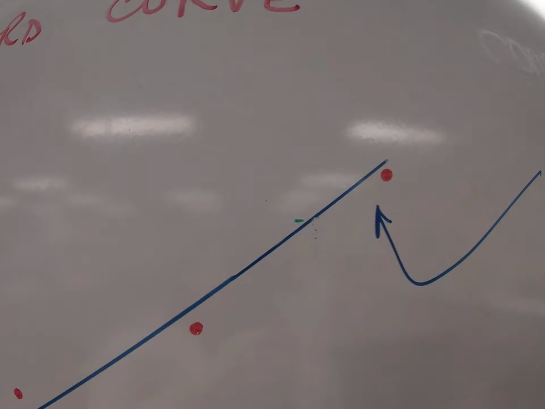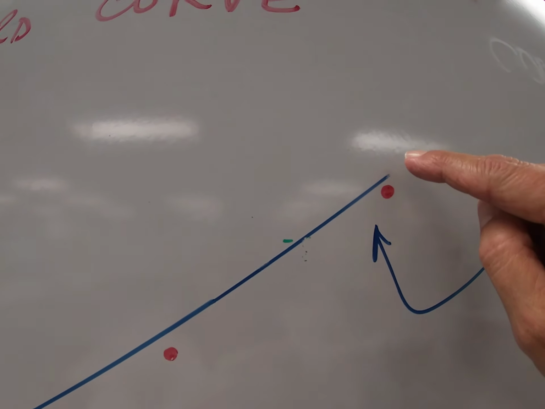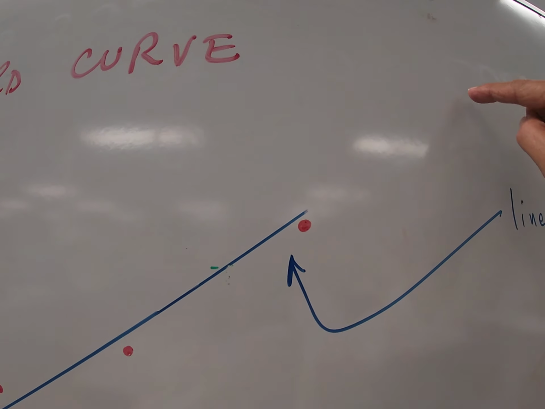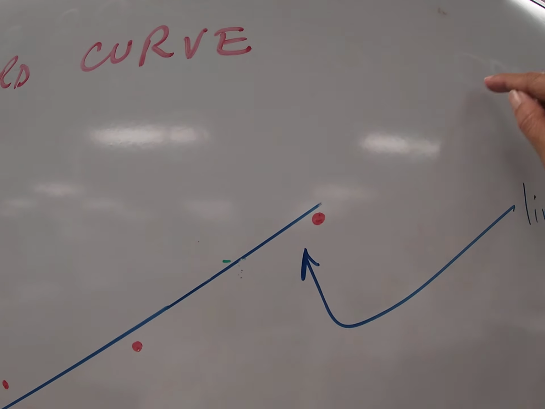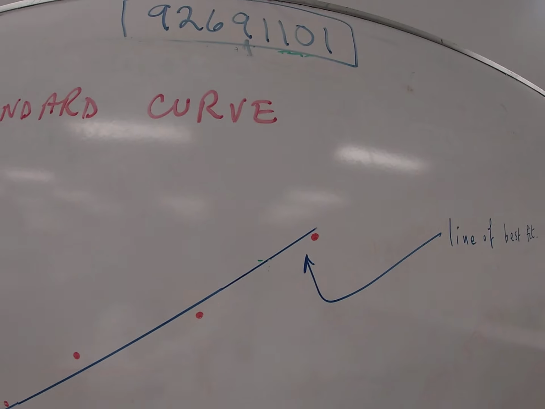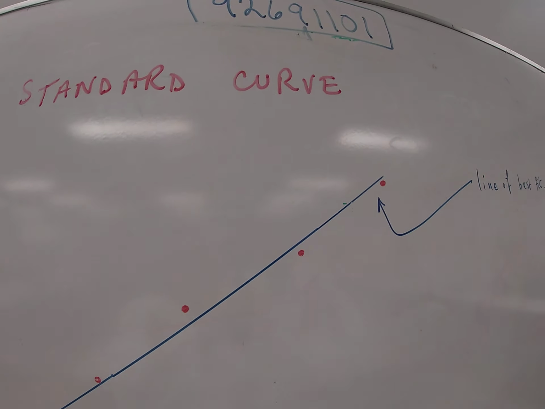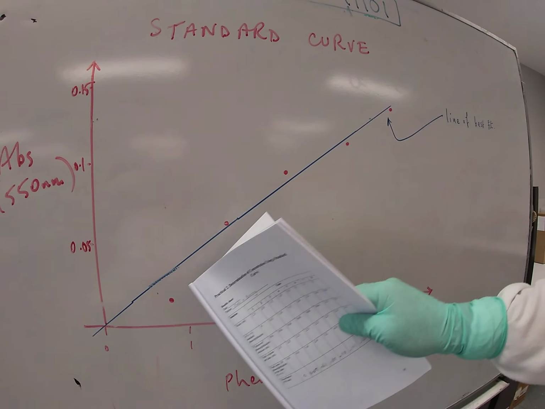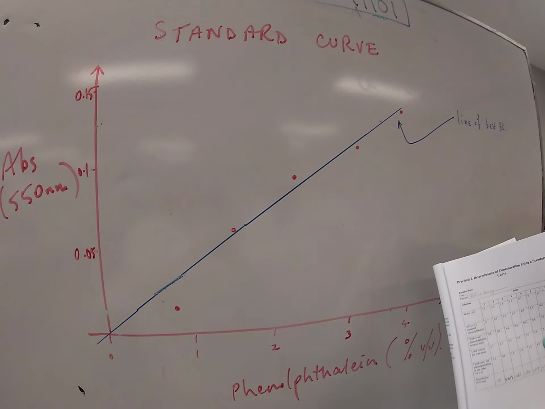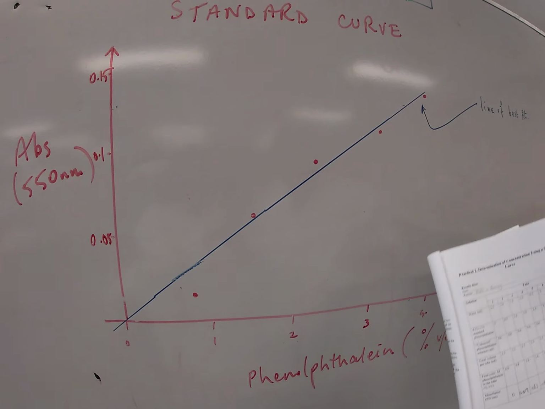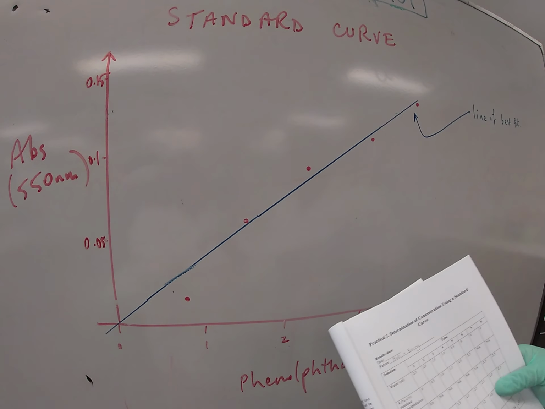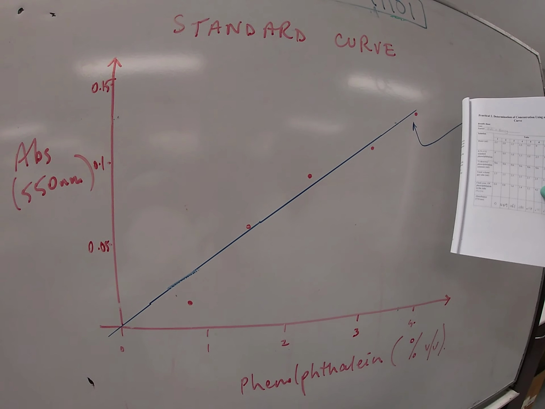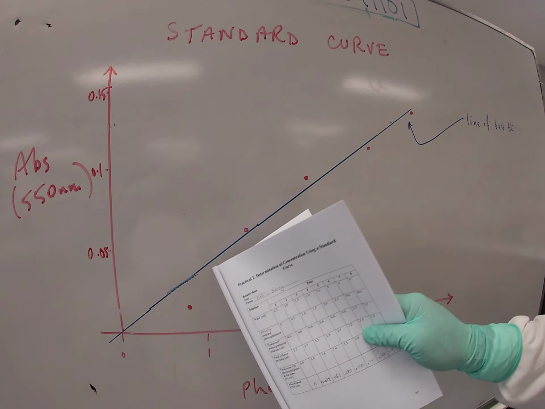And Bob, if for example the concentration of the unknown was up here somewhere, could you just extend this line of best fit? In this experiment, no. But in order to bring those absorbance values in range of this line of best fit, what you could do is dilute your unknown concentration. For example, you may do a 1 in 2 dilution or 1 in 10 dilution, and therefore bring those absorbance values within that range.